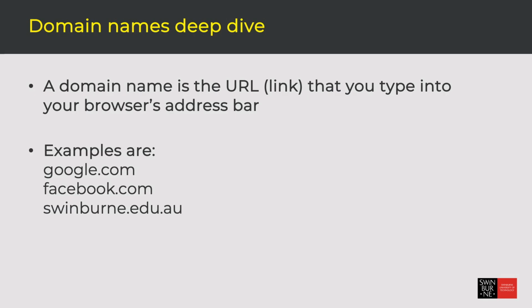What are they? A domain name is the URL that you type into your browser's address bar to access a website. In simple terms, it's the link. A few common examples are google.com, facebook.com, swinburne.edu.au.